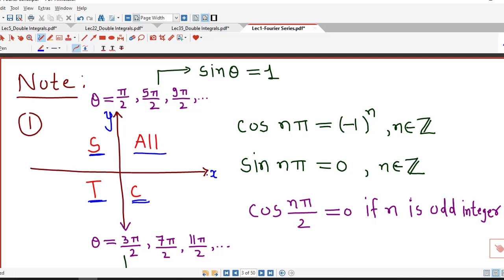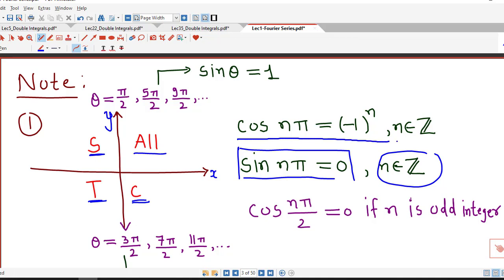Now if we consider the value of the sine function at nπ, and n is an integer, then sin nπ is always 0. So we will remember all these identities. Sin nπ equal to 0 if n is an integer.